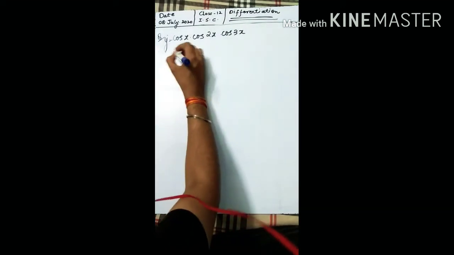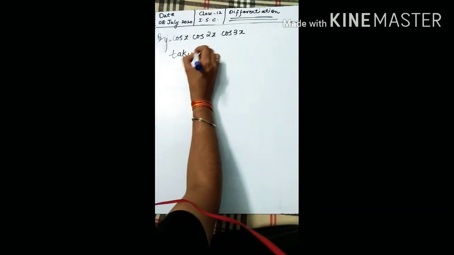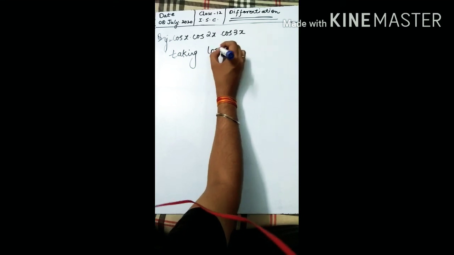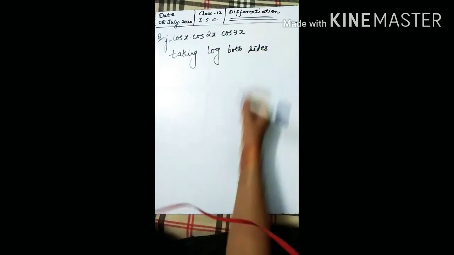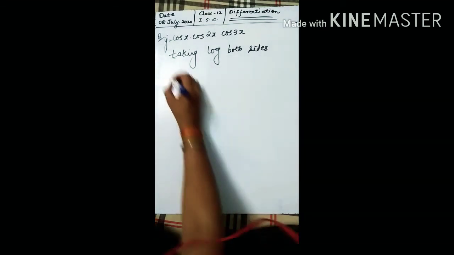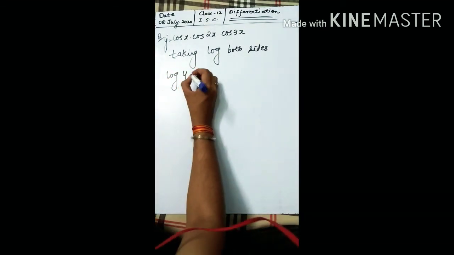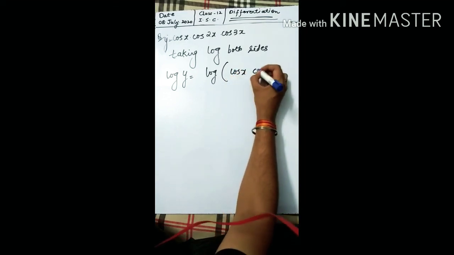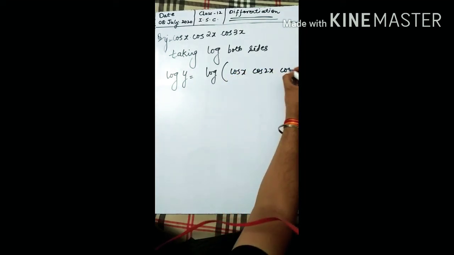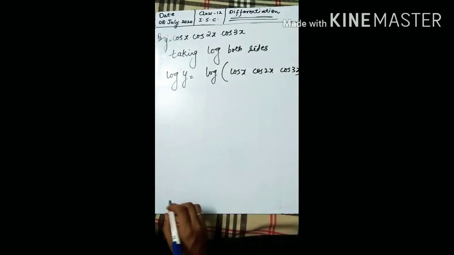So taking log both sides, this will be log y is equal to log of cos x cos 2x cos 3x.